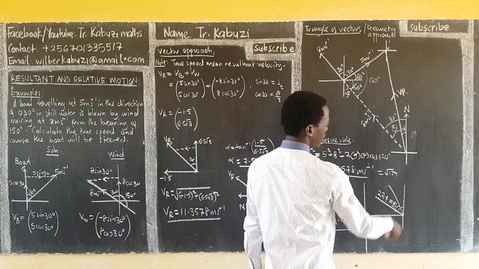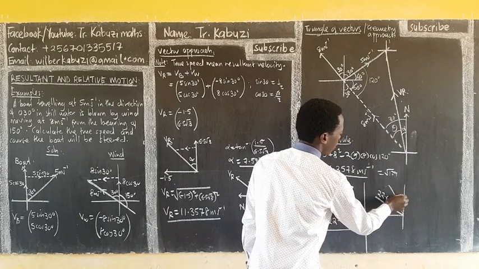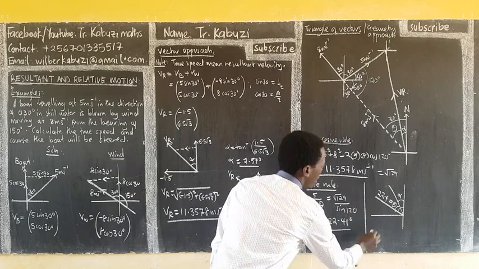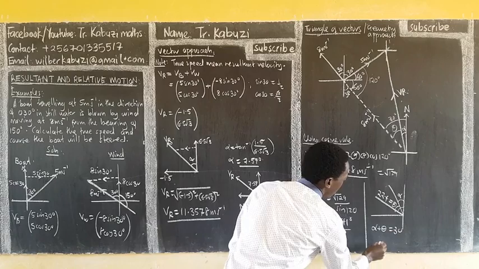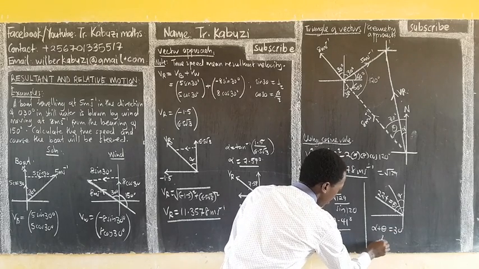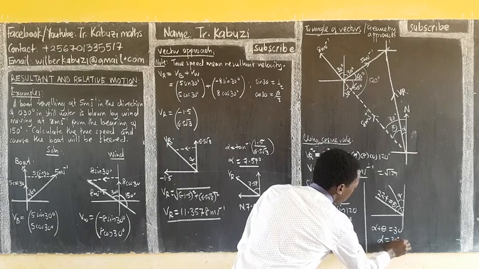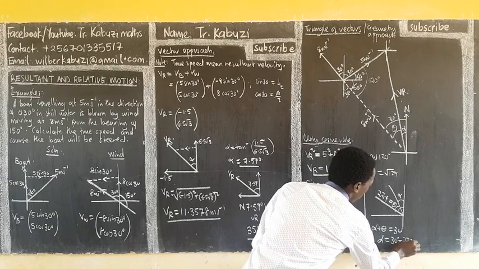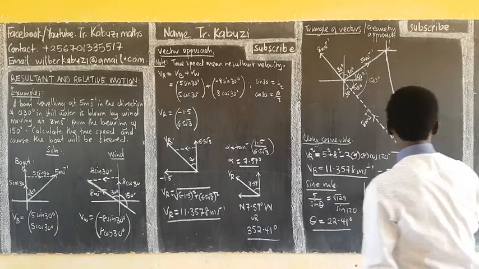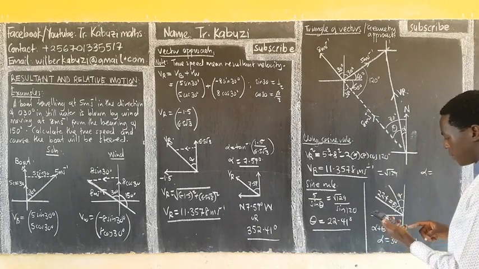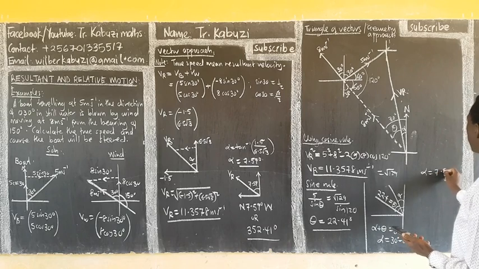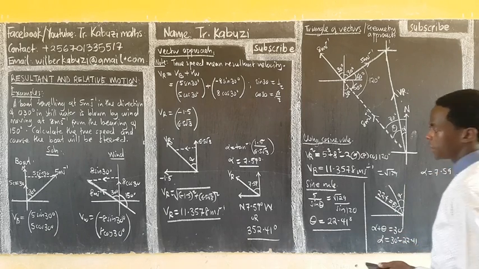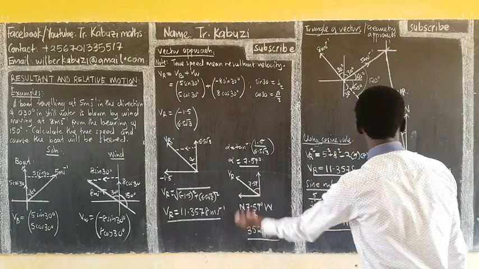So alpha is what I'm looking for. Alpha plus theta should be 30, implying that my alpha is going to be 30 degrees minus 22.41, so my alpha there is going to be 7.59.